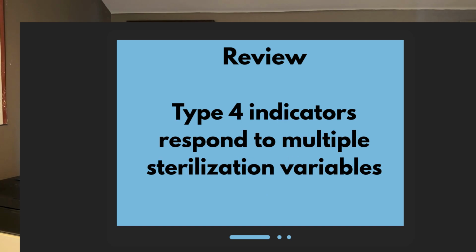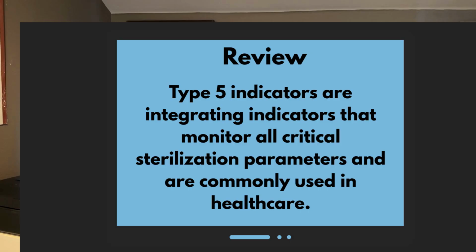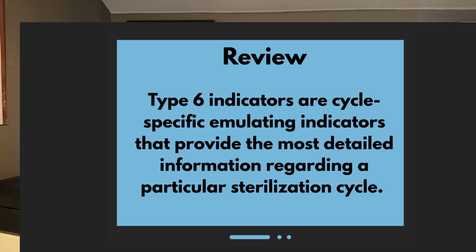Type 4 indicators respond to multiple sterilization variables. Type 5, the most common that we use, indicates and monitors all critical sterilization parameters and are commonly used in healthcare throughout the country. Type 6 indicators are cycle-specific emulating indicators that provide the most detailed information regarding a particular sterilization cycle.